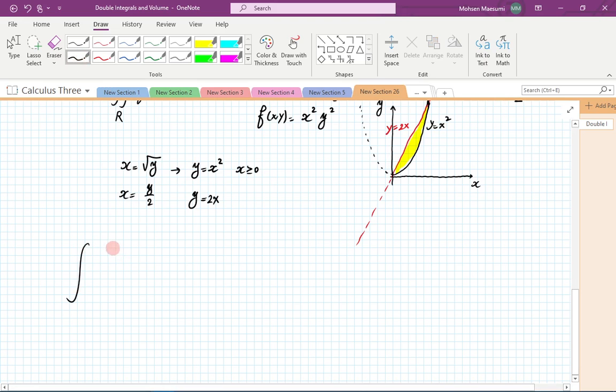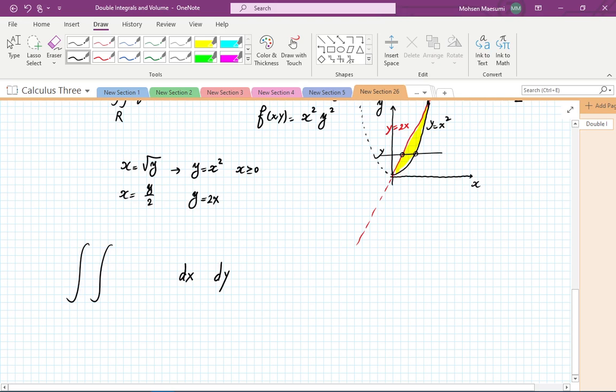Suppose I want to go x direction first and then y direction next. Again, it's entirely your choice. So x direction, meaning I draw a line here at a certain y, and ask myself, where does x start and where does it end?